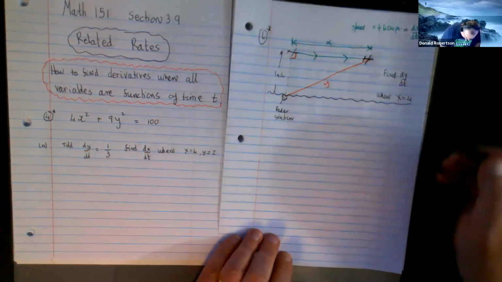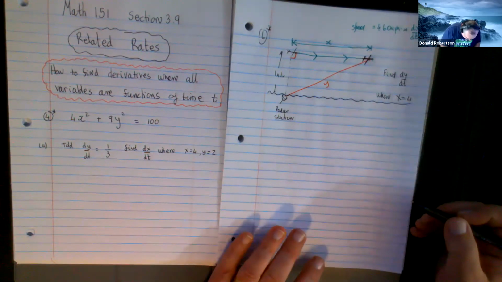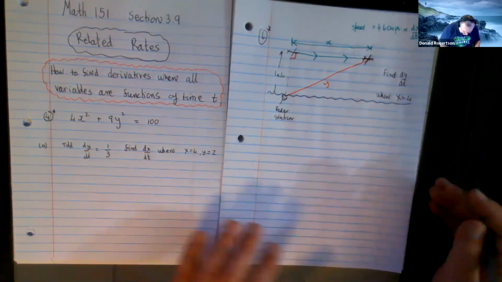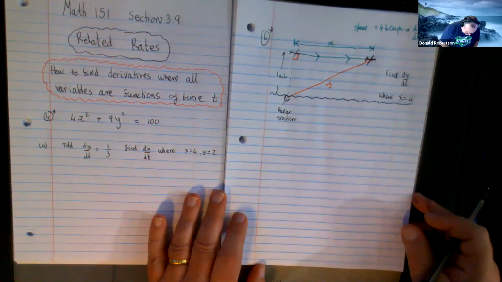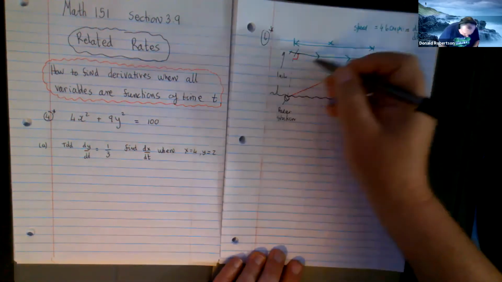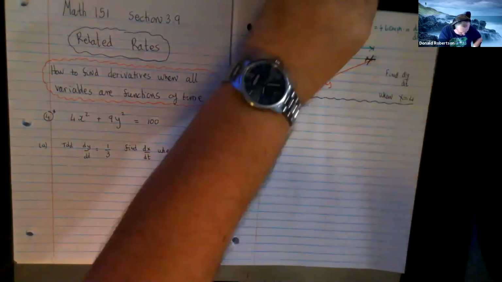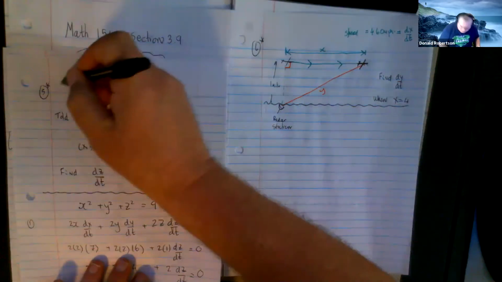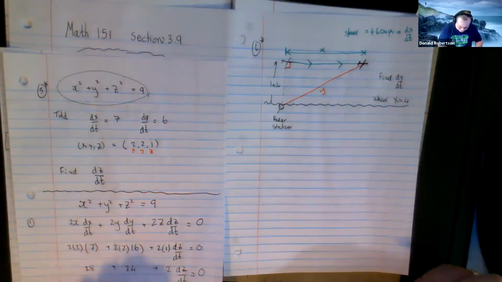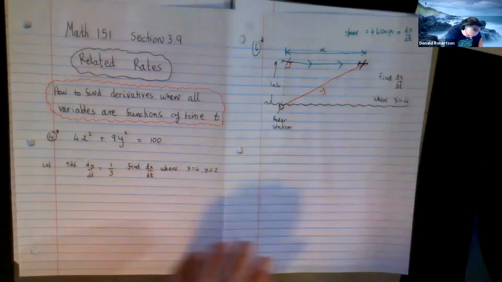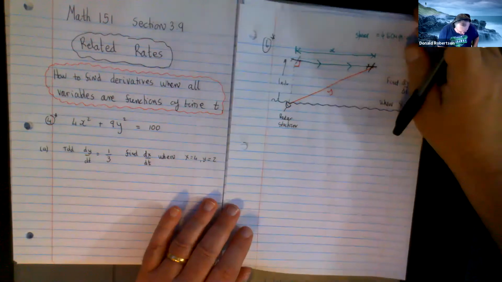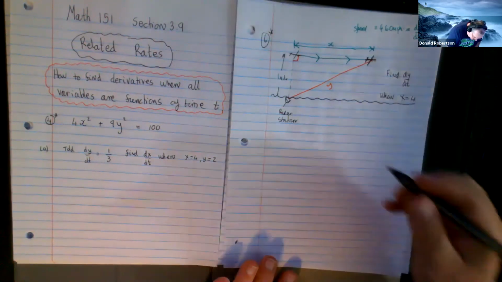Okay, I think I've got everything that I need until I look at my picture and I realize that I'm kind of missing something. First thing I'm missing is I need an equation, right? So when I look at this, I say, there is a right angle triangle going on here.